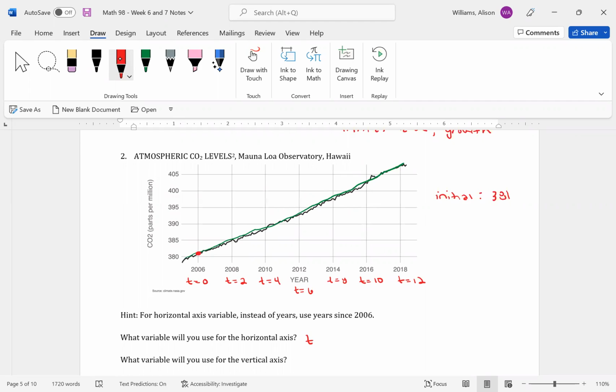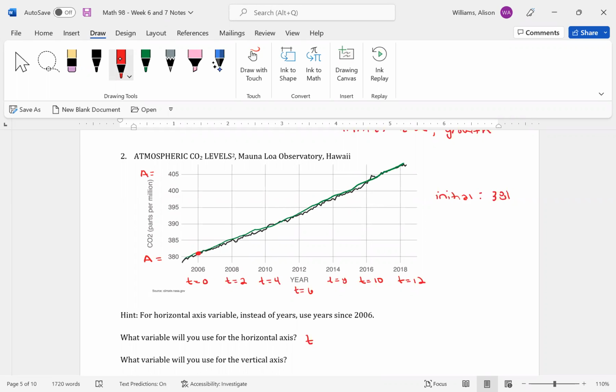What variable would we use for the y-axis? Since it's atmosphere, I'll go ahead and call these A. These are amounts of CO2 as parts per million, from 380 up to 405.